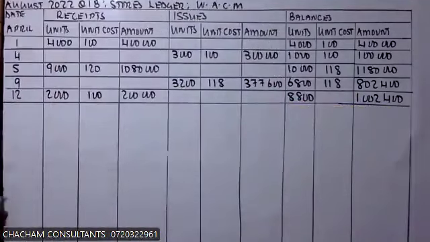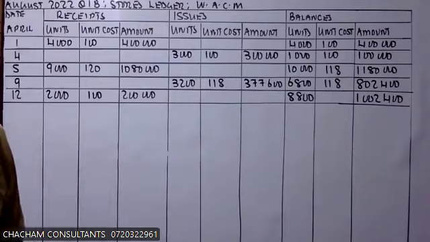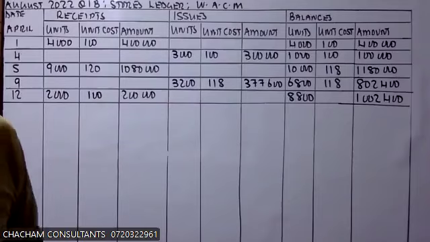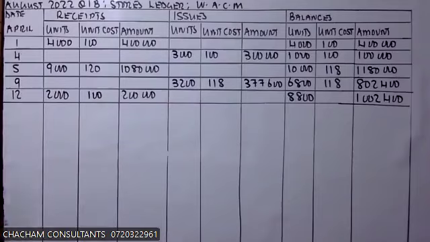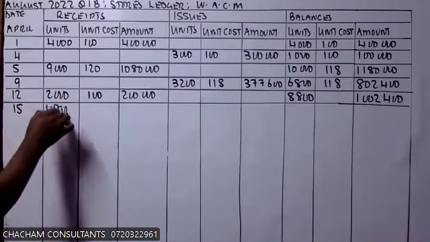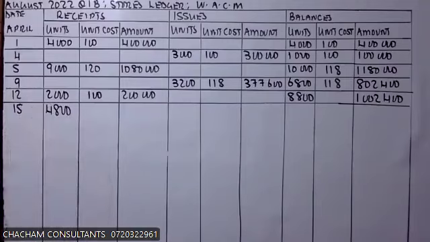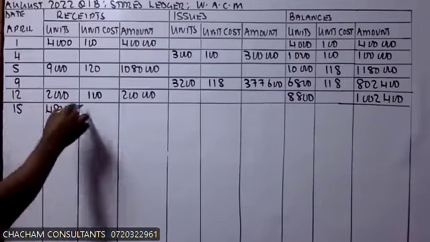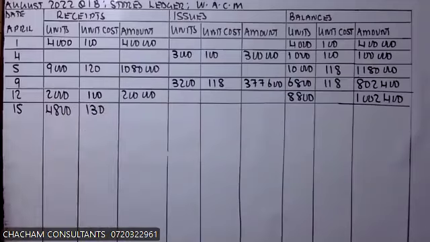So after that, we purchased 4,800. That is on 15th. We purchased 4,800 and they came in at 130. So multiply, you tell me how much that is.